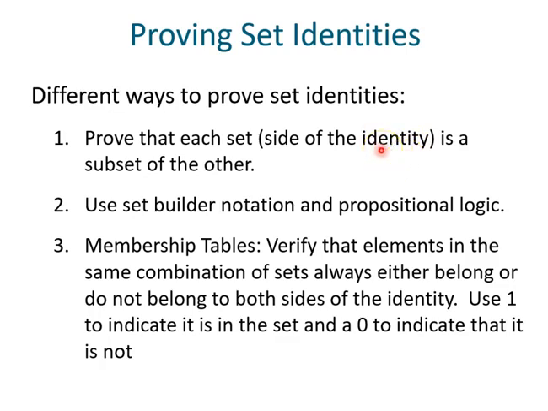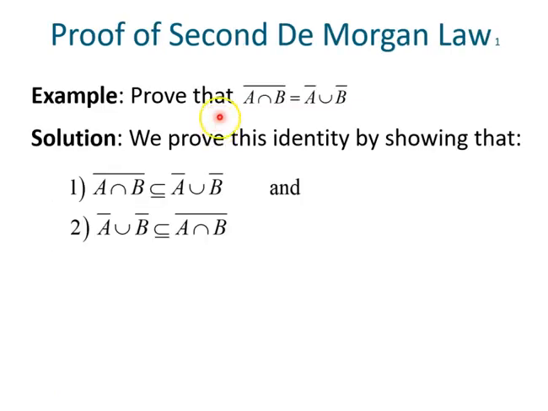So we have two sets, and we have to prove that each of these two sets is a subset of the other set. The second way of proving a set identity is to use the set builder notation in propositional logic. And the third way is to use membership tables. We'll see what that is in a moment.